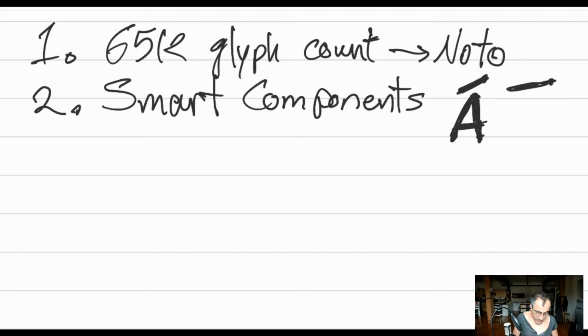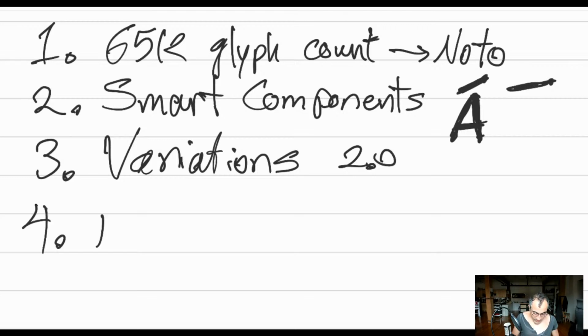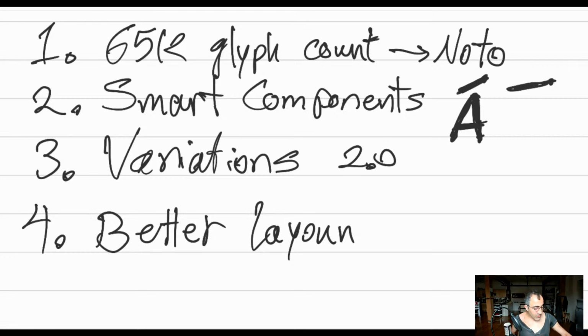So smart components, and then better variations. As I said, I will focus on that a lot. And then there's better shaping or layout, as let's call it for now. And that's pretty much it. And well, let's also put better outlines.